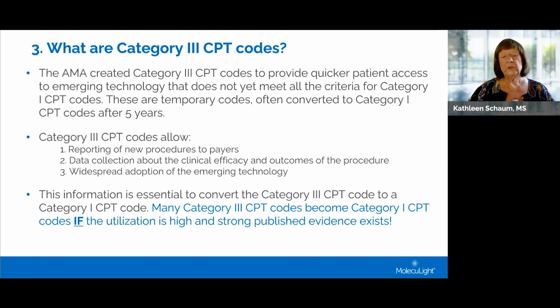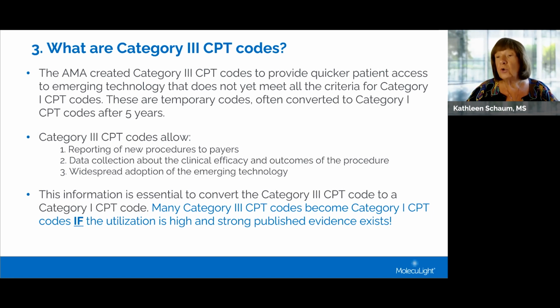The third frequently asked question is, what are Category 3 CPT codes? The American Medical Association created Category 3 CPT codes to provide quicker patient access to emerging technology that does not yet meet all the criteria for Category 1 CPT codes.